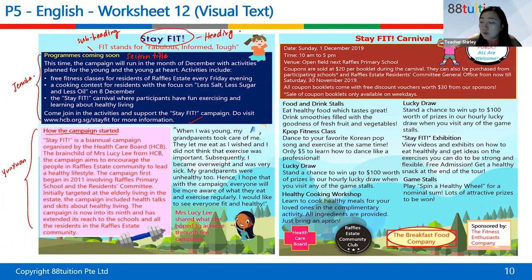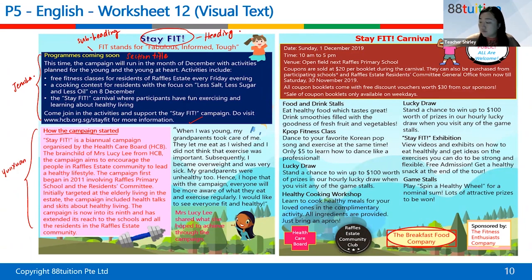All right, Yunchen, will you be okay to read this paragraph, or because just now your connection seems to be unstable? But is it better now? Okay, yeah, you can try how the campaign started. How the campaign started. Stay Fit is a biennial campaign organized by Healthcare Board, HCB.